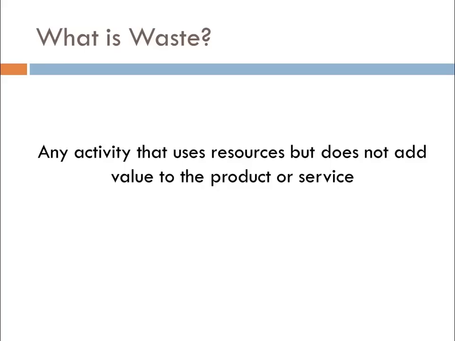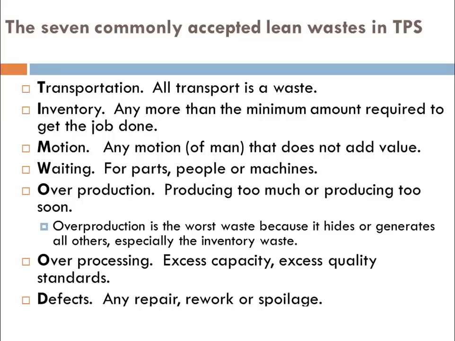Non-value added activities have to occur in order to get the work done. Now, let us look at the types of waste. These form the core of lean philosophy in both service as well as production.